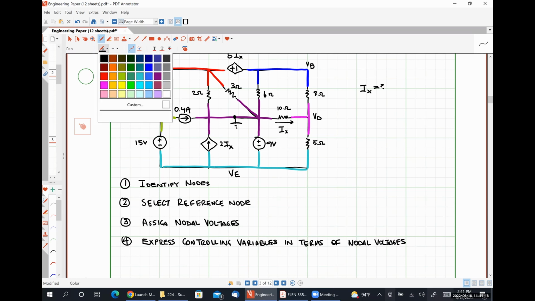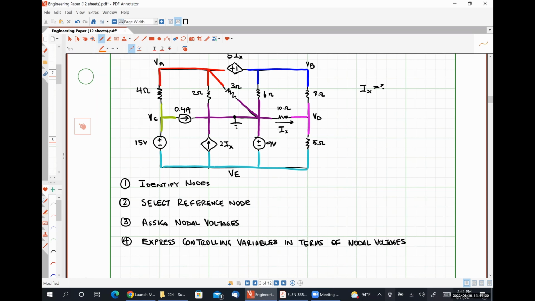So in this instance, our controlling variable is this current IX directed to the right.